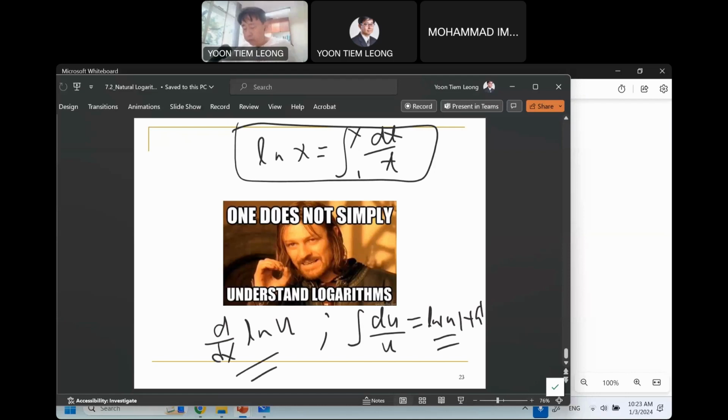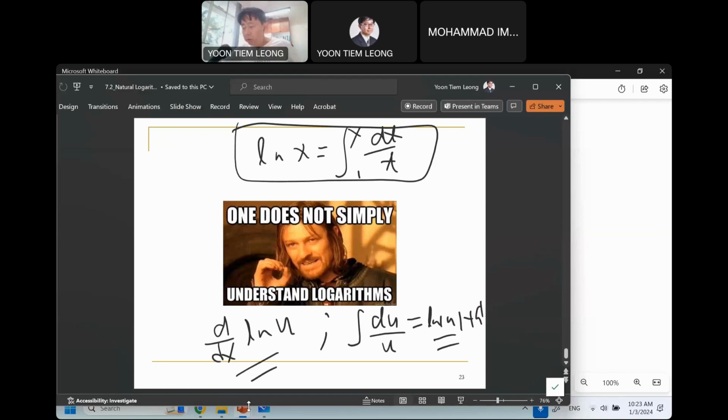Then we also show that the natural log follows a set of very important rules, which is given in theorem 2. With these important properties, you can simplify the expressions involving logarithm.